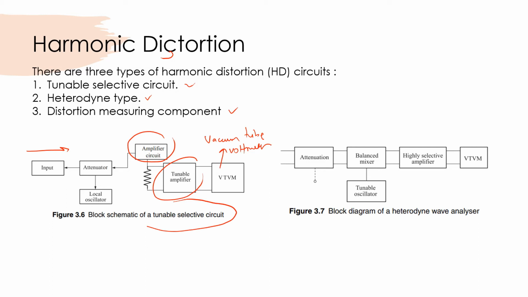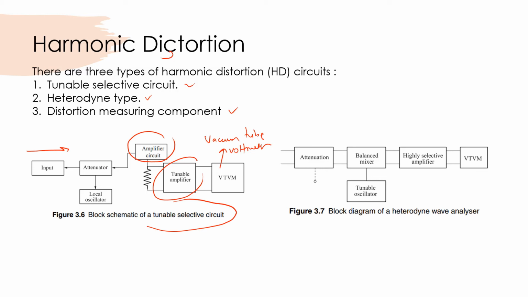So in low frequency we need components L and C that are very large, so we need more space here. And then the second disadvantage of the tunable selective circuit is that the harmonics of the signal frequency are very close to each other, so it's difficult to distinguish between them.